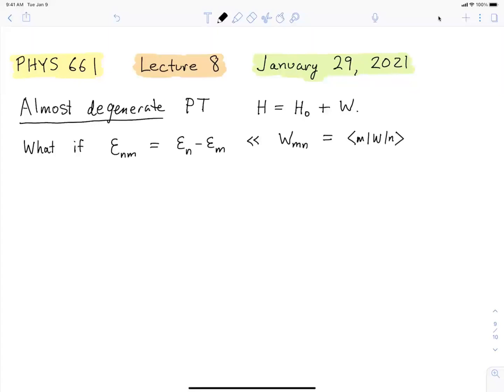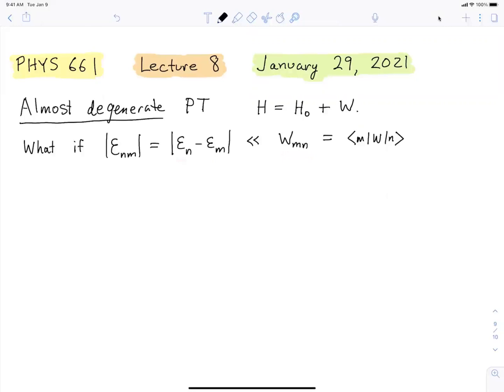I should really put absolute values around the energy differences because they could be plus or minus, but we're really asking about what happens when their magnitude is much smaller than the perturbation. So intuitively, that means we don't really have any business treating the perturbation as a perturbation. It's not small compared to the energy differences that we're talking about.